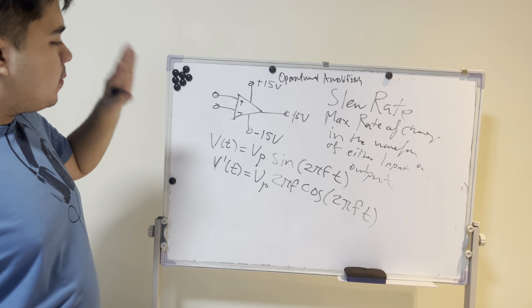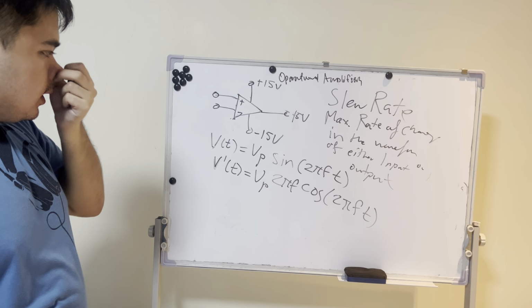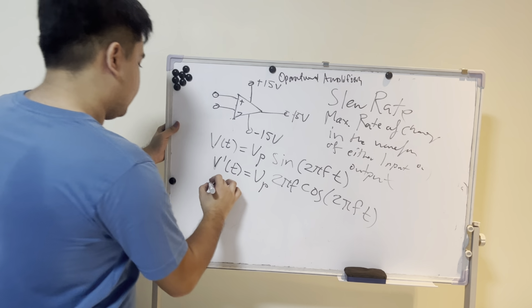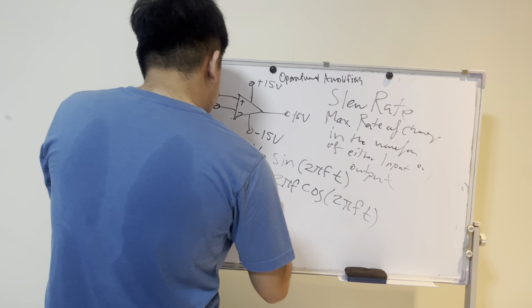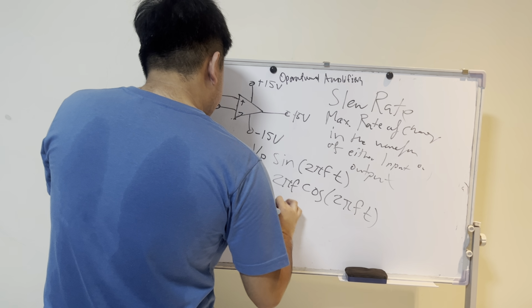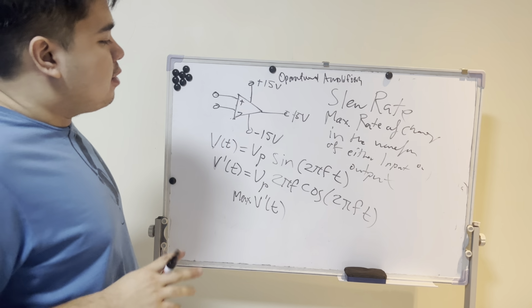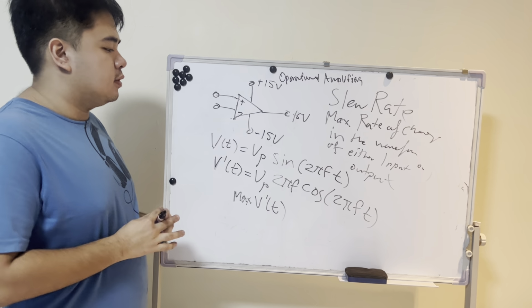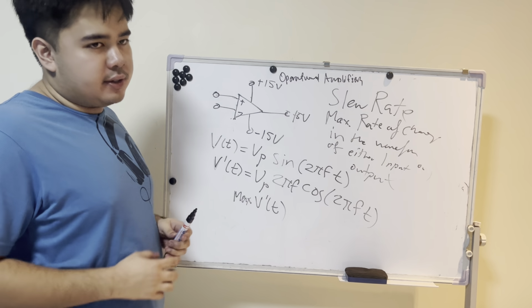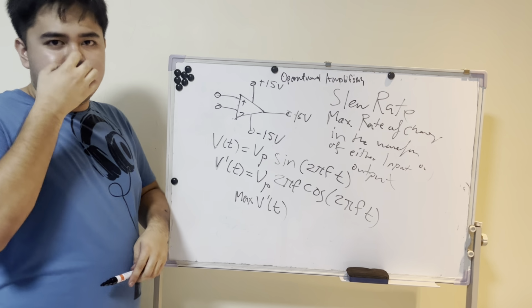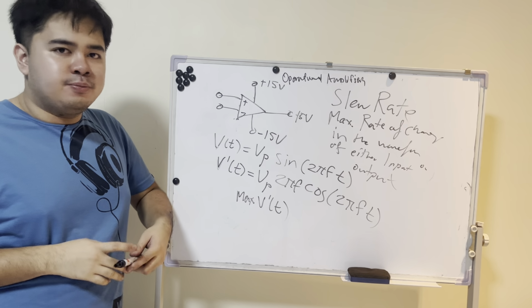Now we need the maximum. So we need the maximum V prime of t. When can that be the maximum? Vp is not a variable, and neither is f.